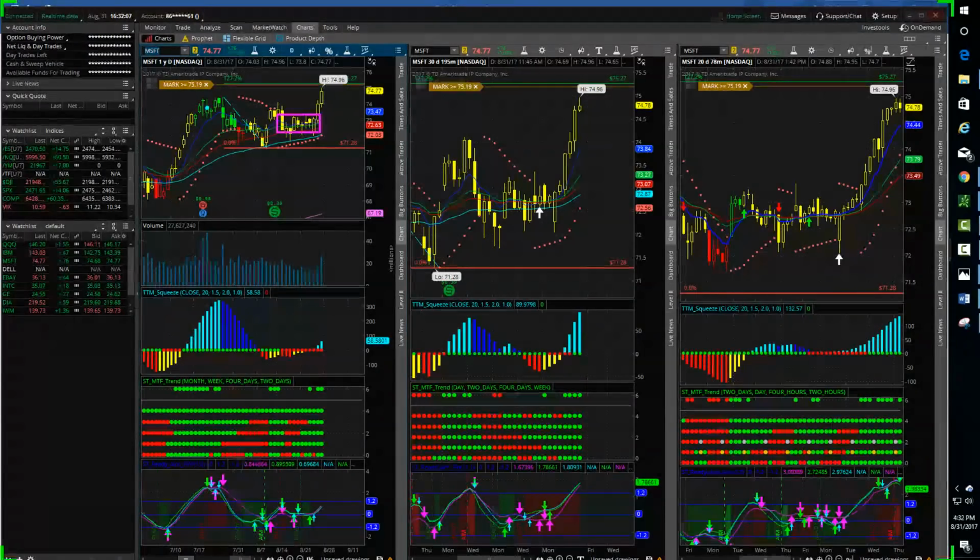After you've had this big move in Microsoft and price is up here, you do get the overbought signals, showing you this stock is super overbought and it's time to get out of this trade. But when you're chopping in this consolidation, you're in the mid-level. That's just how this indicator works.